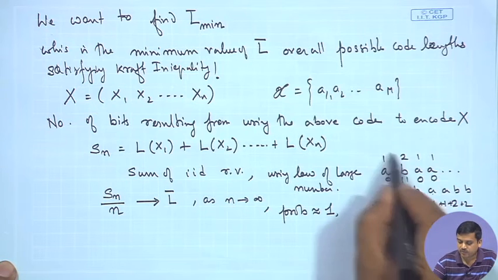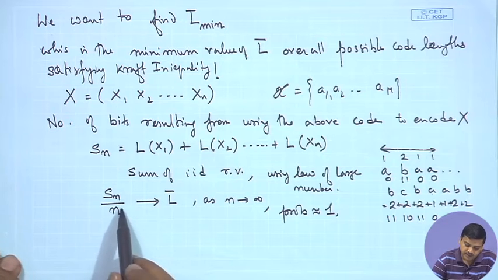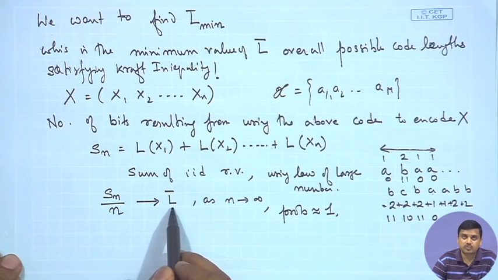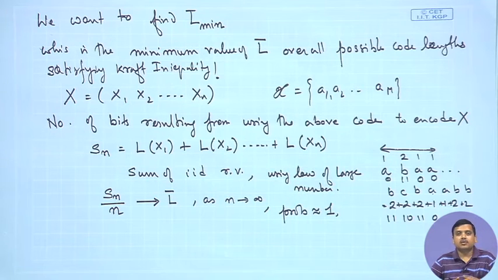So, if I take 4 of them, I cannot ensure that this is going to happen, but if you have a very large sequence, let us say I take 100 or 1000 or 10,000 such symbols in one sequence, then I can find that this number would be almost equal to the average value. That means, the sample mean is almost equal to the ensemble mean.